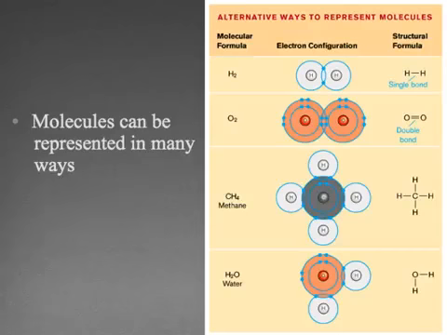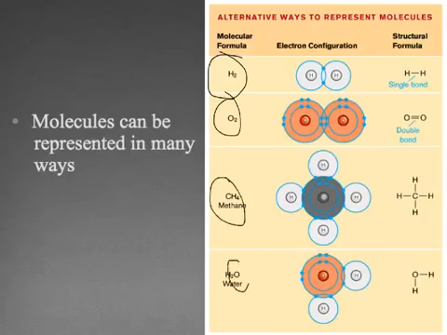Molecules can be drawn lots of different ways. You can write the formula, just like you might for an ionic compound. You can also draw what's called the electron configuration. You can draw the atoms sharing their electrons.